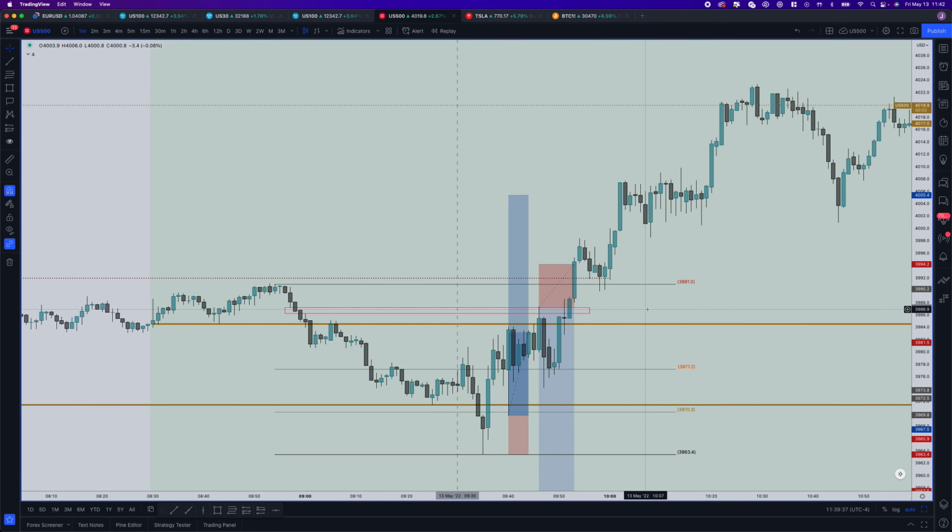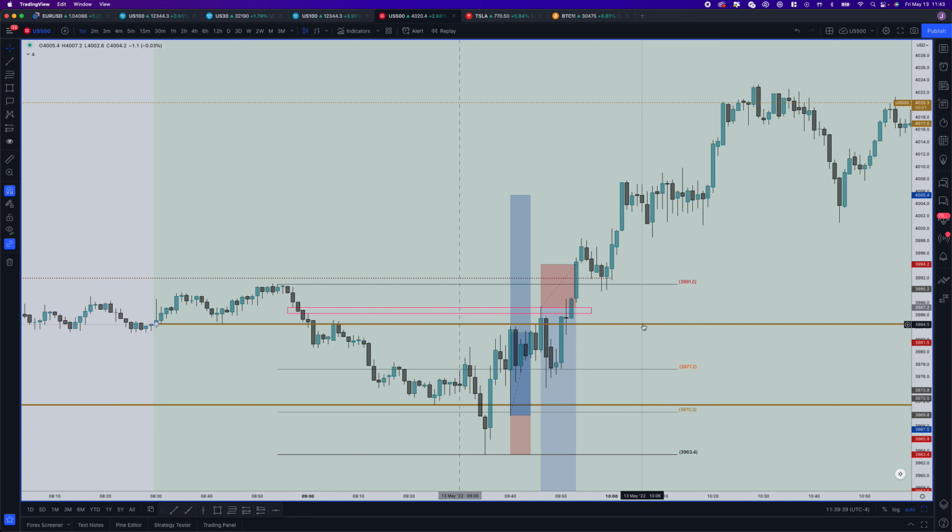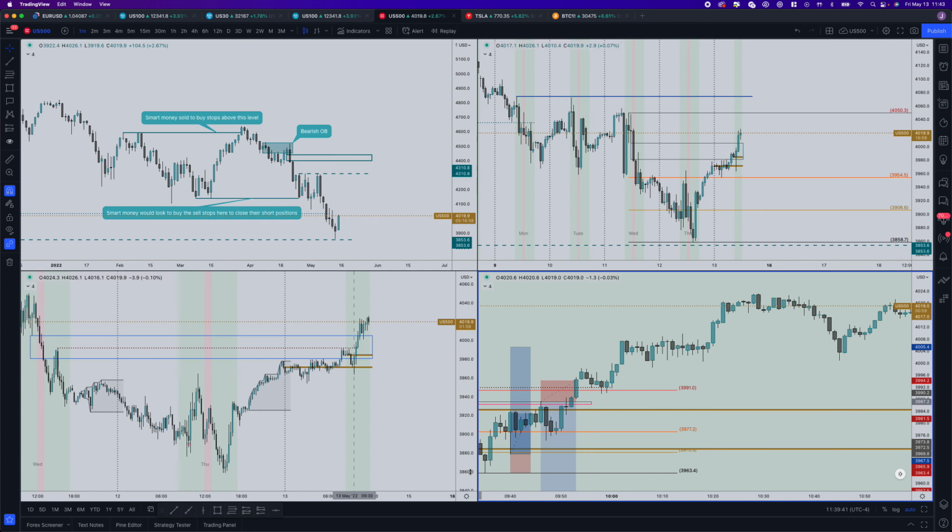Then I started looking back: did I miss anything? Obviously I had things making me hesitant to short it. We came into this level, didn't sweep it or run through it, but did come close. And the morning had been bullish all the way from yesterday afternoon and overnight, then pretty tight and consolidated.